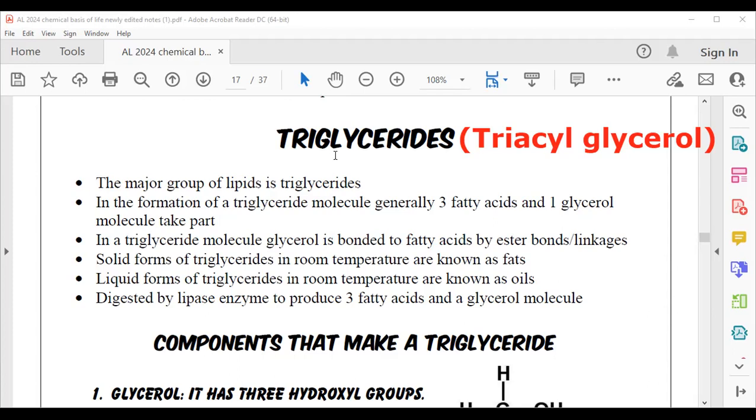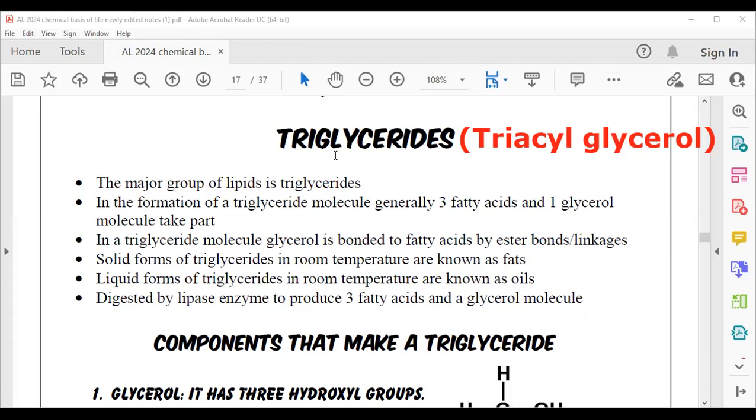What is the characteristic bond in lipids? Ester bond. What is the characteristic bond in carbohydrates? Glycosidic bond.